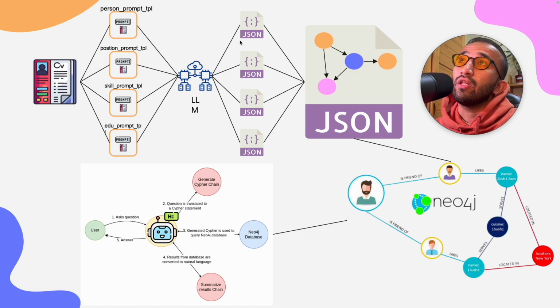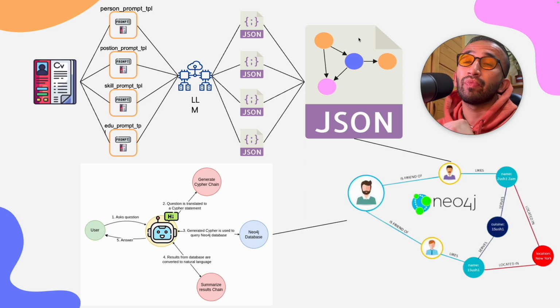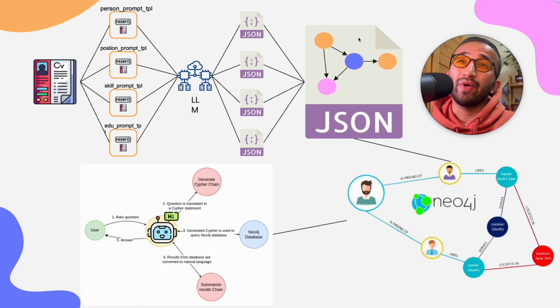And this LLM model is going to give us JSON for each prompt, okay? And we are going to combine all those JSONs, and then convert them into Cypher. Cypher is a query language that Neo4j understands, okay? I'm not going to go into details of that, and I expect you to know all those things already.